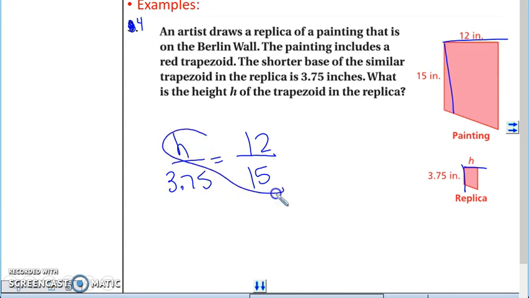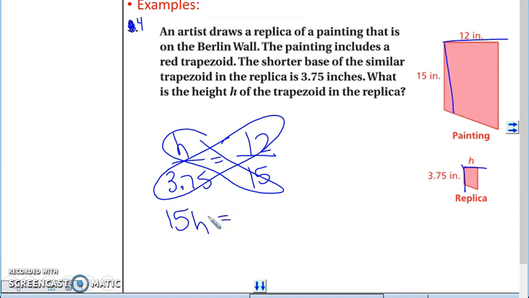Alright, cross product property. 15h equals 12 times 3.75, which is 45. Get h by itself, divide by 15, and h equals 3. So, what is the height of the trapezoid in the replica? 3 inches.